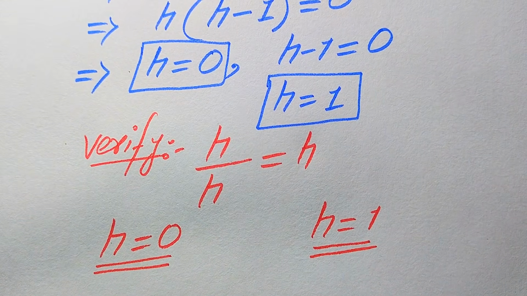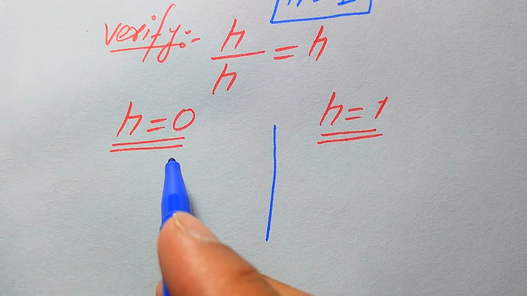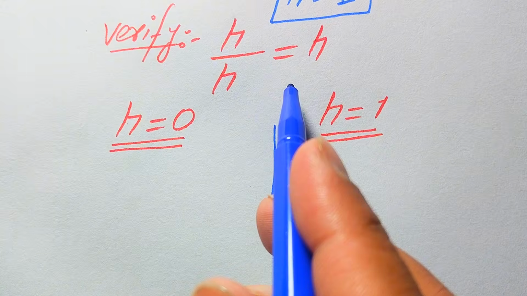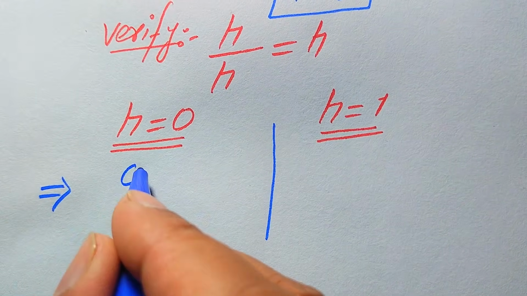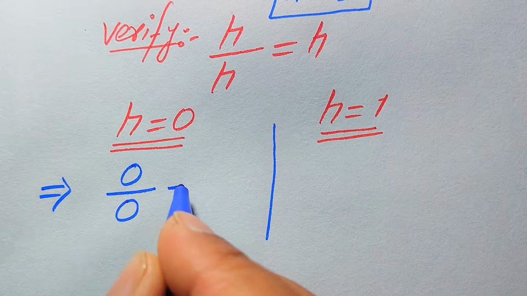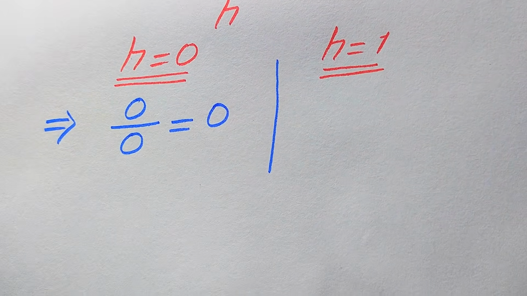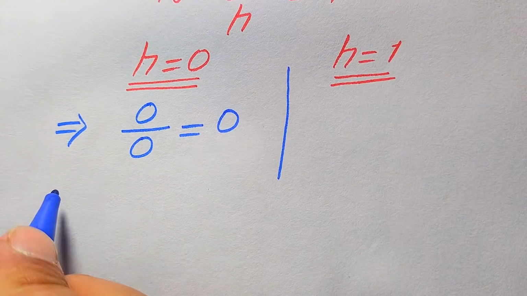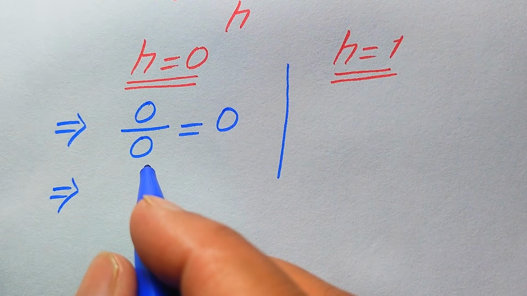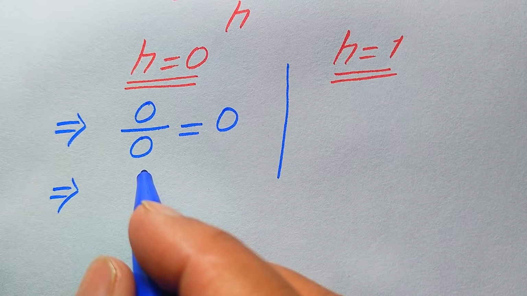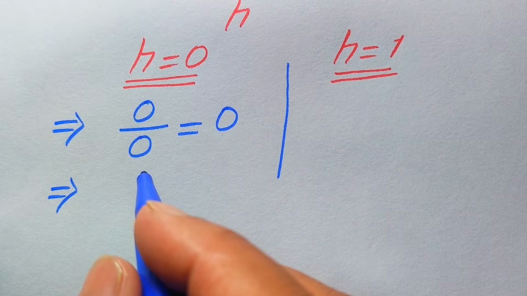First we verify h is equal to 0. For this, we substitute h equals 0 on both sides of the given equation. After substituting, it will be written as 0 divided by 0 is equal to 0. Now 0 divided by 0 is usually called an indeterminate form, or in other words we just say that it is undefined.